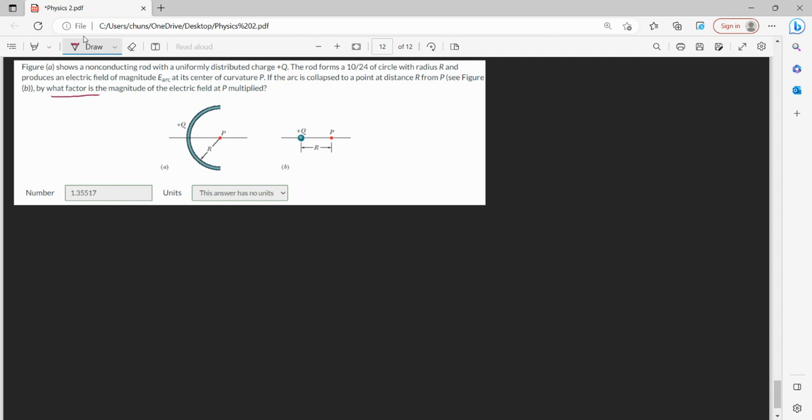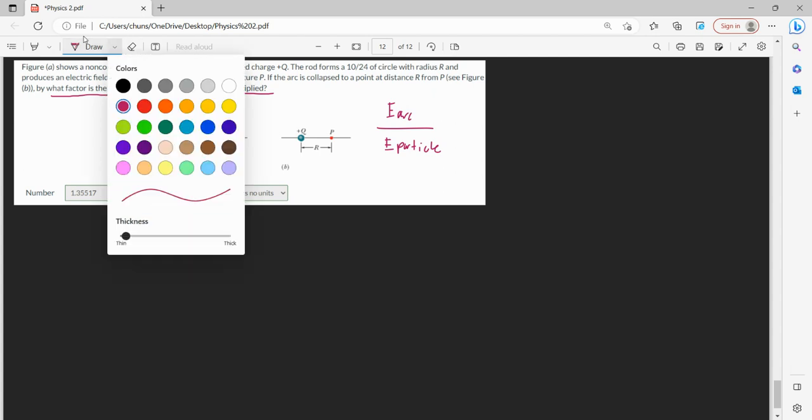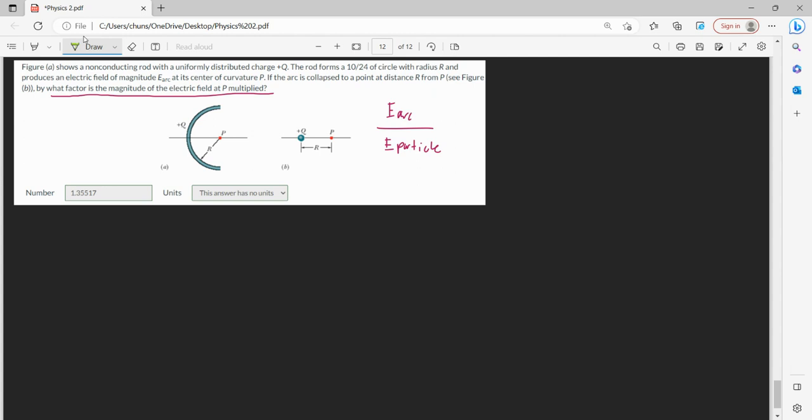Yeah, so by what factor is the magnitude multiplied? That means we're going to have to take our E of our arc and E of our particle for our answer, right? So we're going to have to make two different equations. Let's start out with this one.